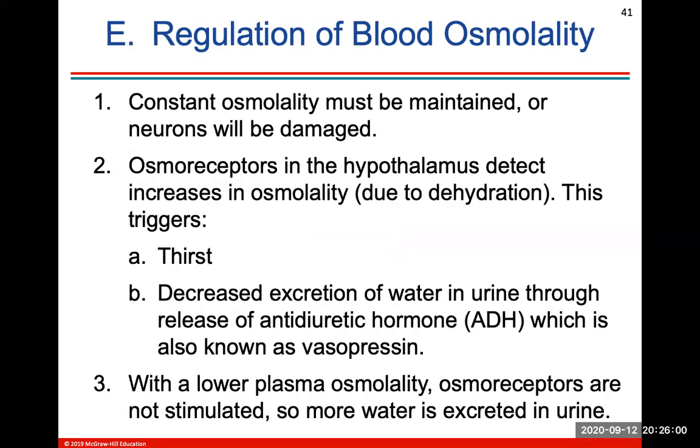The regulation of blood osmolality: osmolality should be maintained and constant or neurons will be damaged. Osmoreceptors in your hypothalamus, in your brain, will detect increases in osmolality due to dehydration. Some triggers would be thirst or decreased excretion of water in your urine.